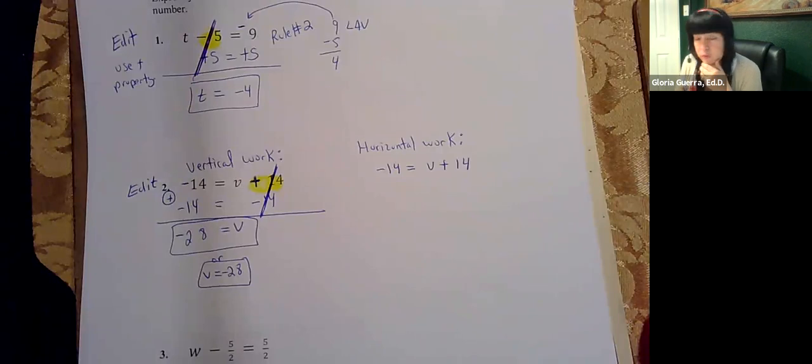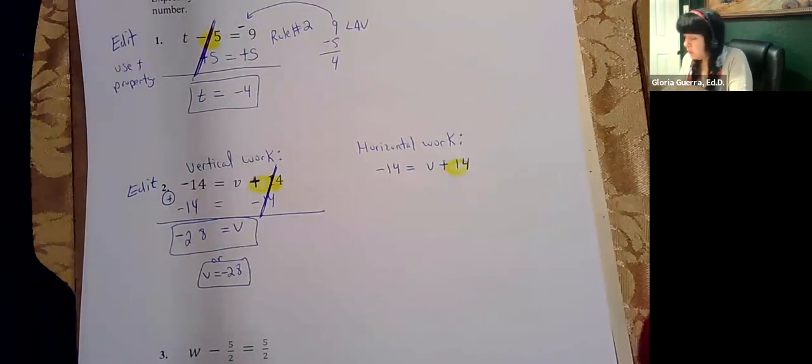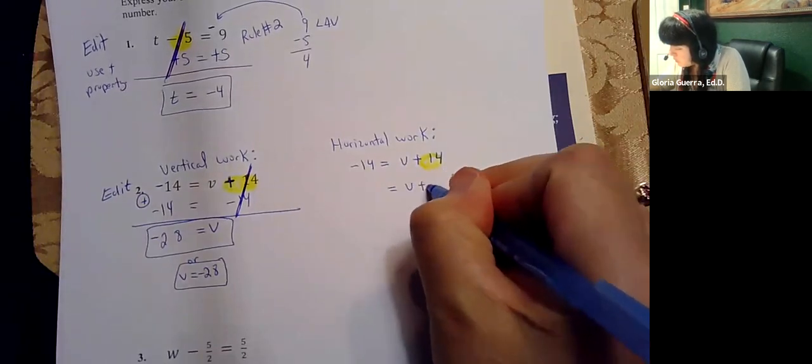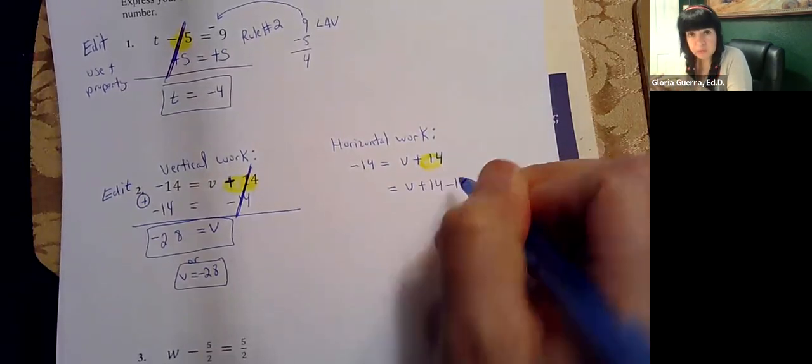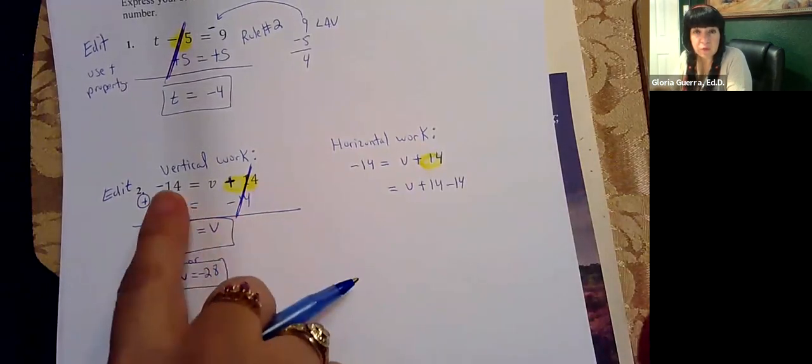So if I show my work horizontally, I want to move the +14 and I want to do a -14. But the way I can show that -14 is this way horizontally, V plus 14 minus 14, say it horizontally, as opposed to up and down vertical.